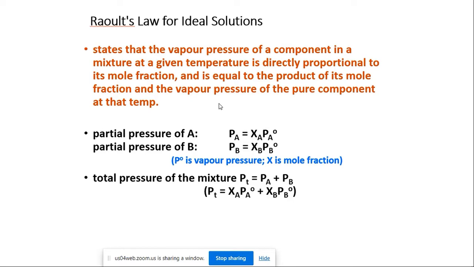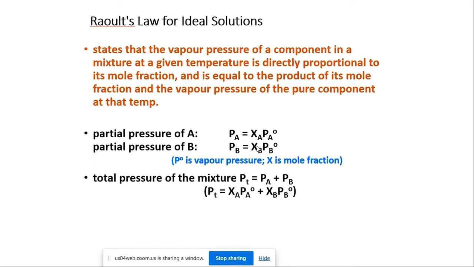So if you just mix two components A and B, the partial pressure of A we call PA, then the partial pressure of B is called PB, right? In Raoult's law, if you want to find the partial pressure of A, you have to multiply the mole fraction of A by P naught A, the vapor pressure.